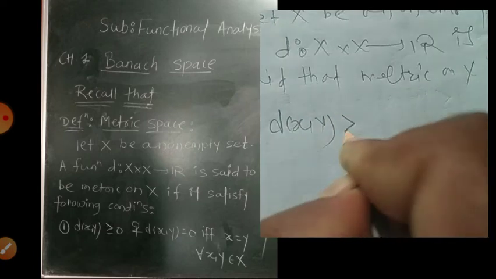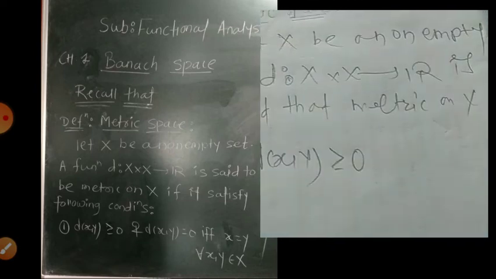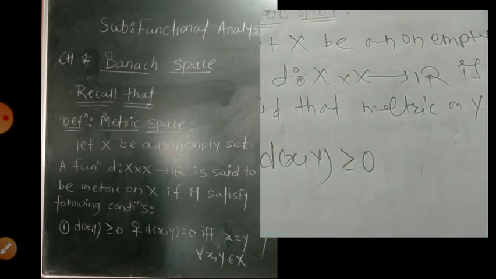The distance between any two points of X is always greater than or equal to 0, since by definition distance is always non-negative.